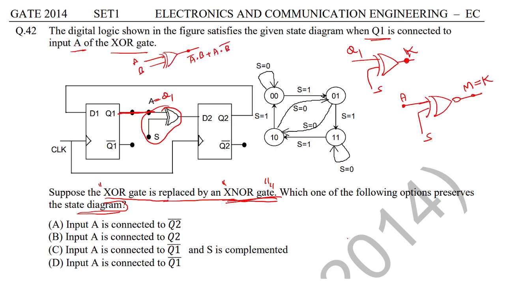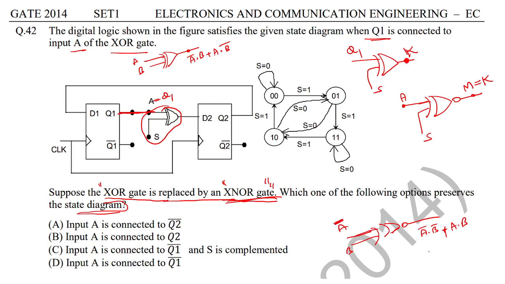Now, let's say an XNOR gate is there. What is this actually? A complement B complement plus A B, right? Now, I want XNOR also to act as XOR. What should I do? Instead of applying A, you apply A complement.